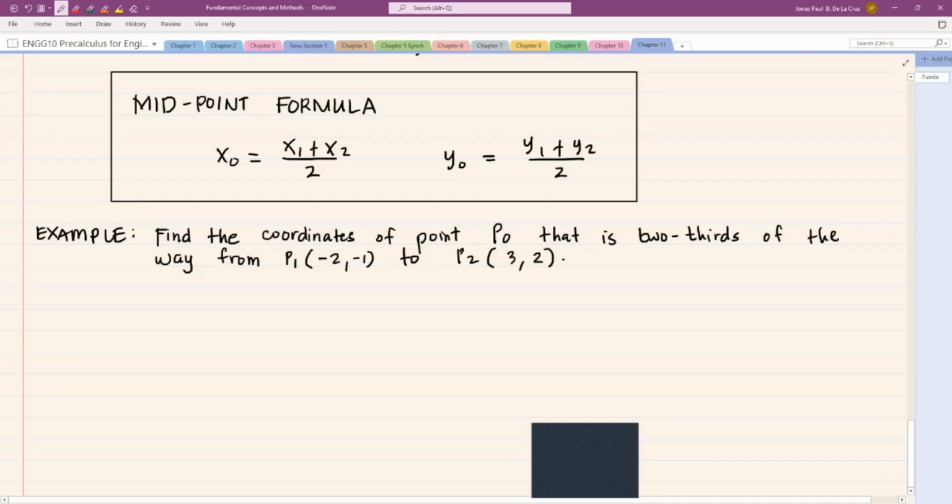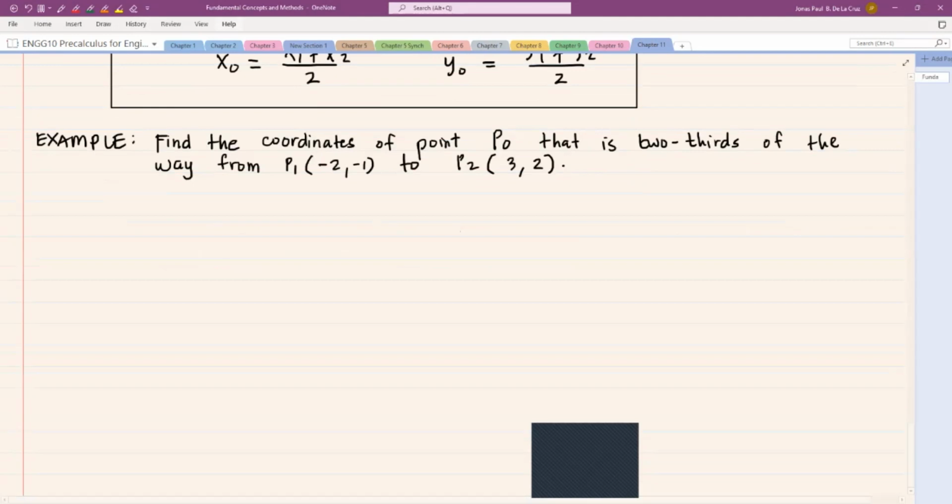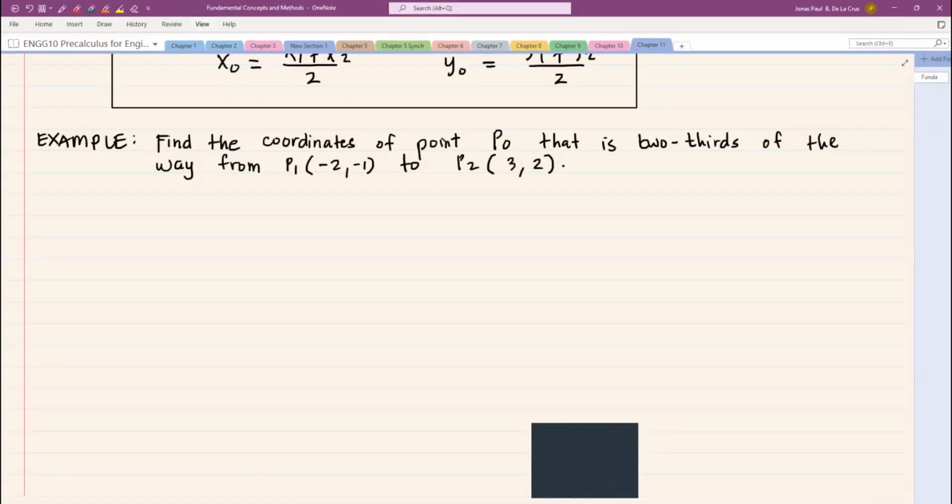Yan. So, meron tayong dalawang points dito. Ngayon, tinatanong ano daw yung point PO that will divide yung line segment na ito 2/3 of the way.